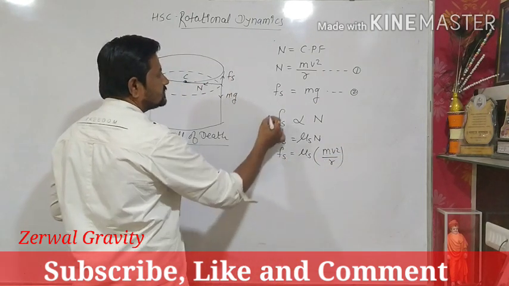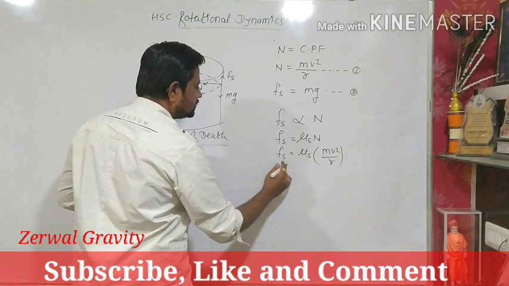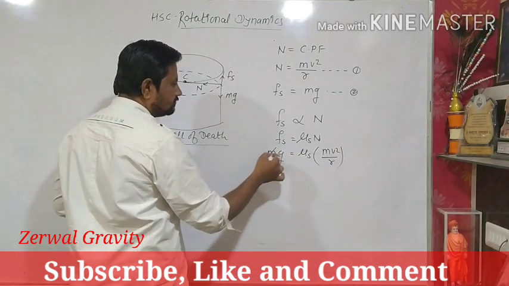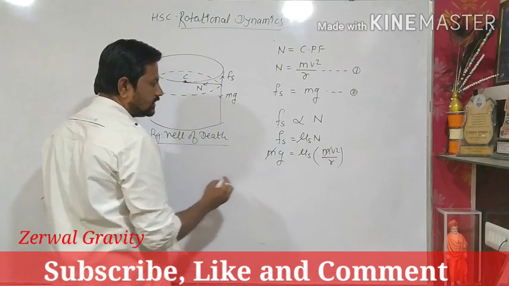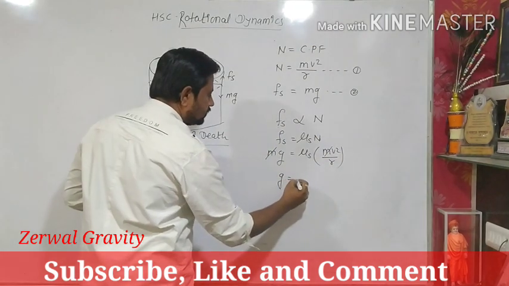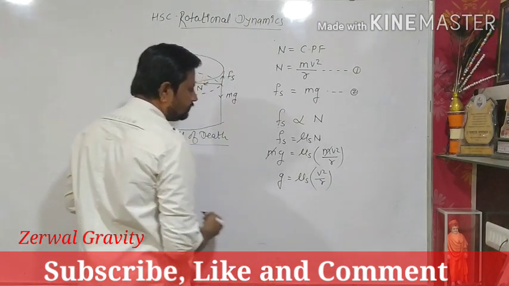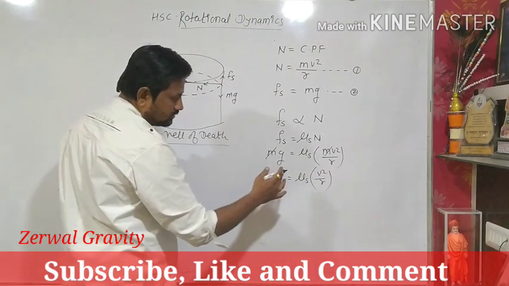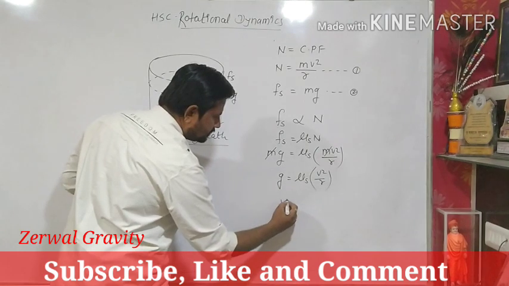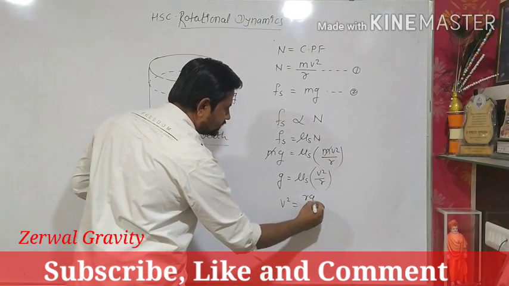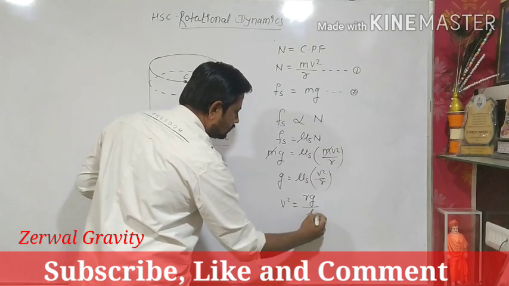But what is Fs in equation number 2? It is mg. So this m gets cancelled, and we get g is equal to mu s into v square upon r. If we arrange in terms of v, then v square is equal to rg upon mu s, with r on the upper side and mu s on the lower side.